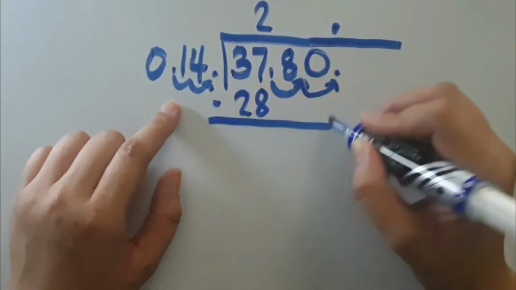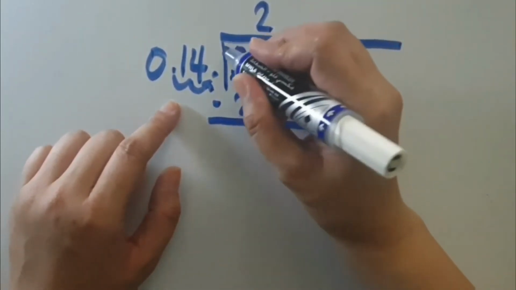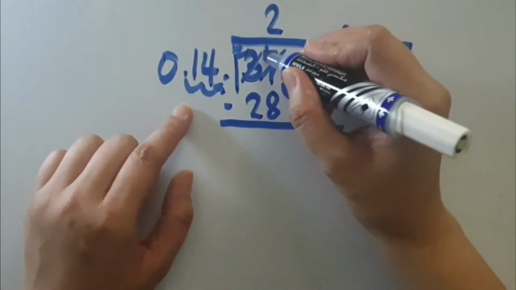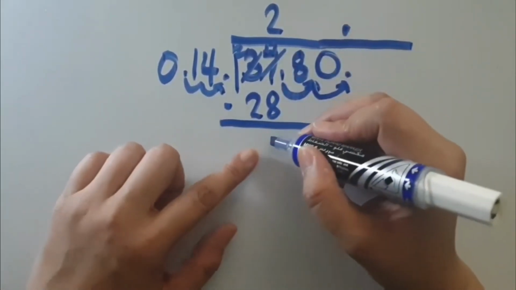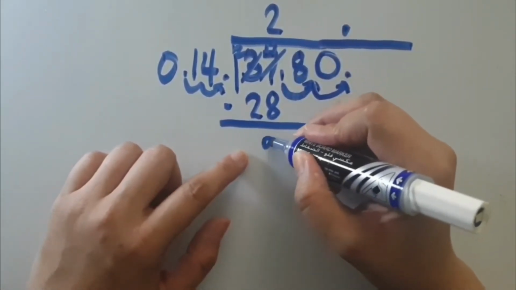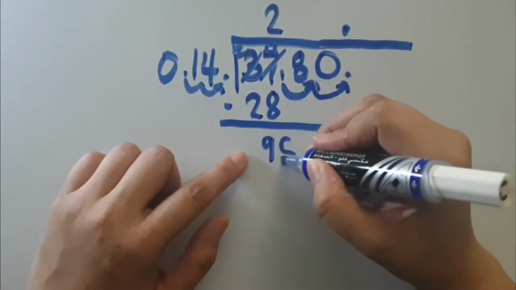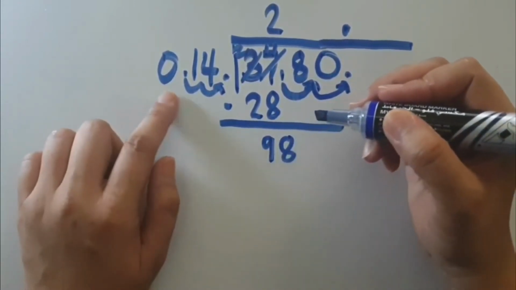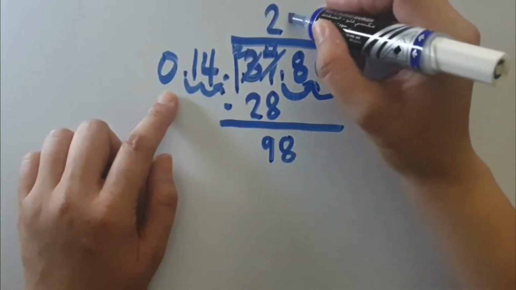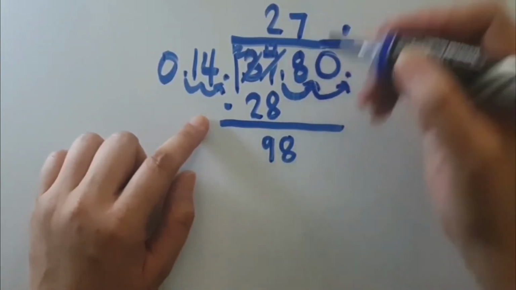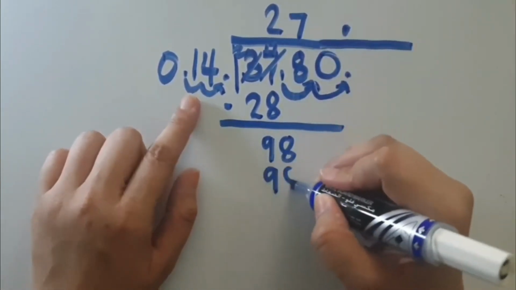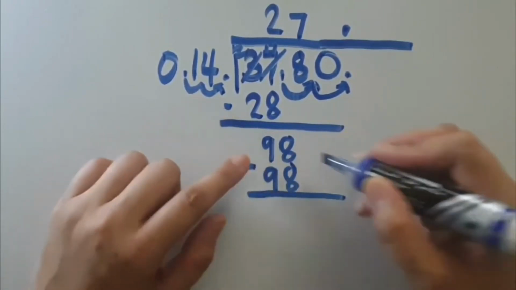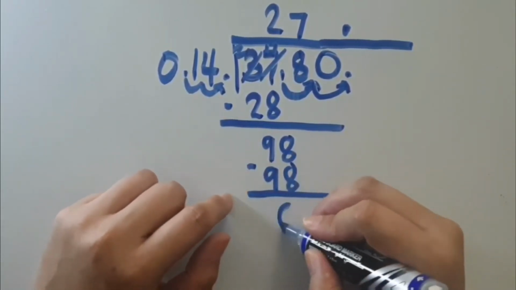And then subtract. 7 minus 8, that cannot be. So we borrow from 3. This will be 17 minus 8 is 9. Bring down 8. 98 divided by 14 is 7. 7 times 14 is 98. And 98 minus 98 is 0.